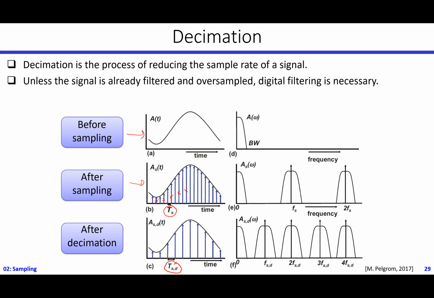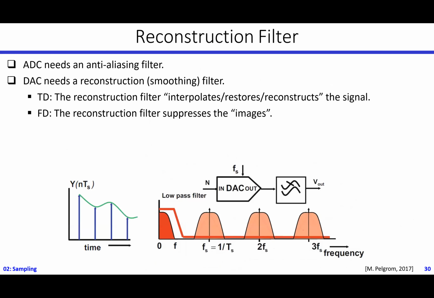This means my new sampling frequency, FSD, is half of the original FS. So now the copies of the original signal spectrum will appear at multiples of FSD and not of the original FS. This is the definition of decimation.